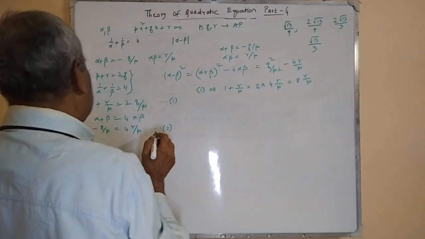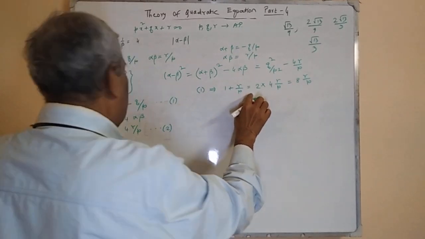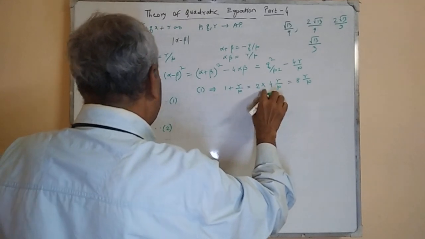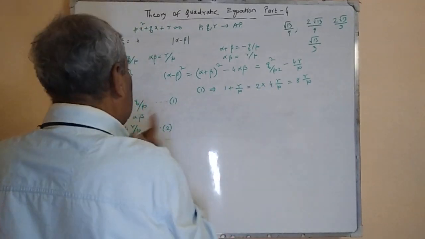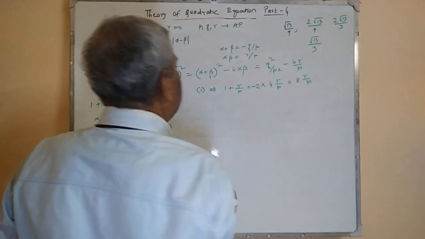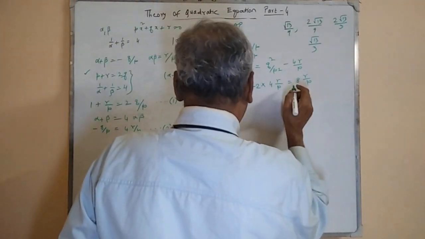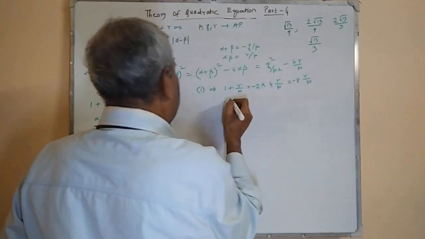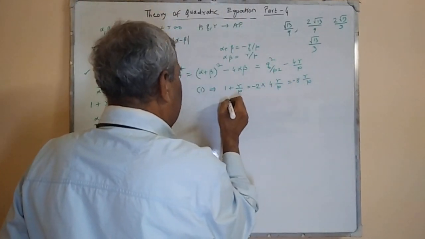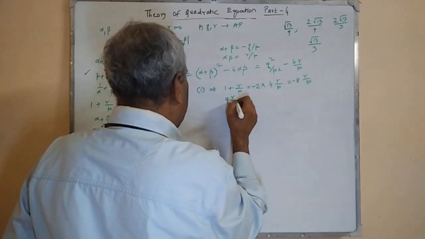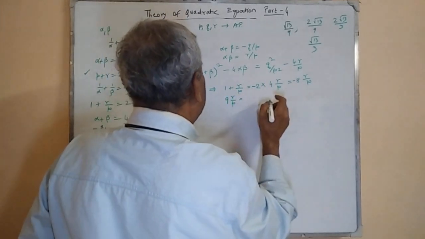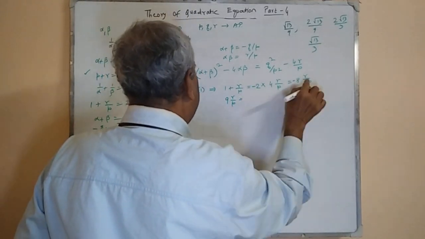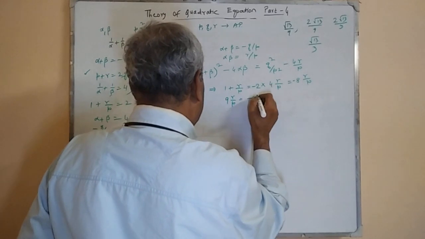From 1 and 2, 1 plus r by p is equal to 2 q by p, which is equal to minus of that. That's okay. Then it is equal to minus of that. Therefore, taking this into this side, 9 r by p is equal to minus 1.